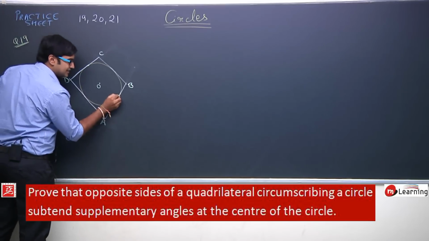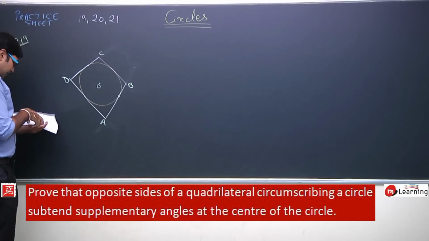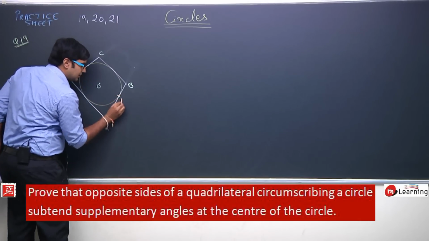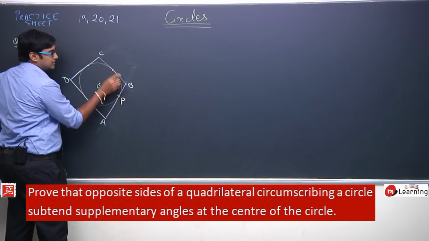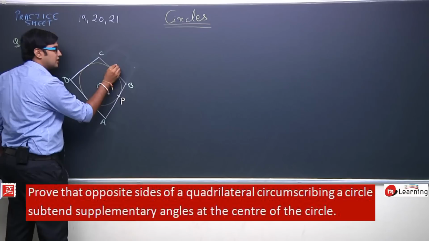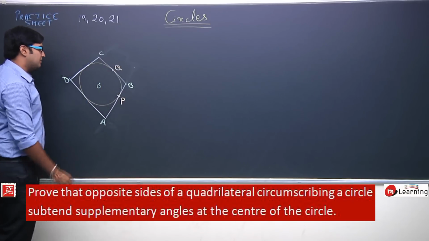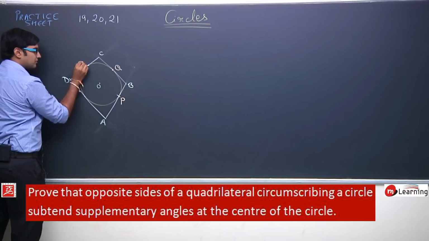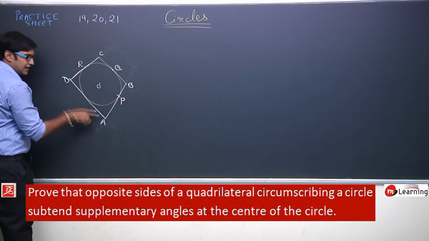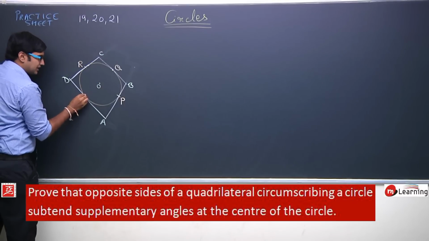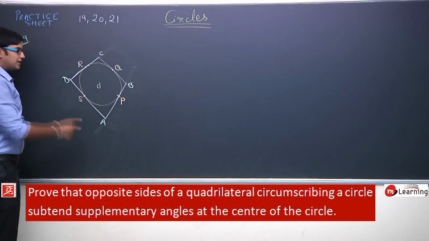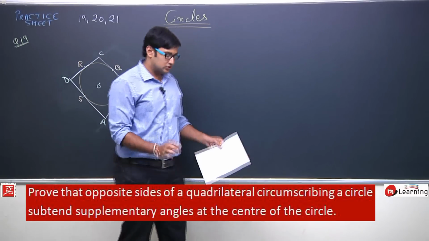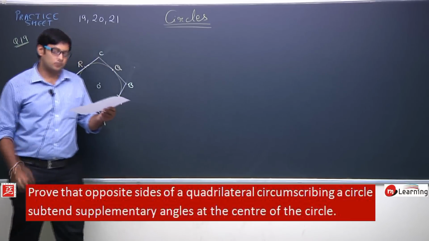Let us say it is tangent at this point P. The point at which BC is tangent to the circle is Q, the point at which CD is tangent is R, and the point at which AD is tangent to this circle is S. So P, Q, R, S are the 4 points of contact. This is what we have understood till now.